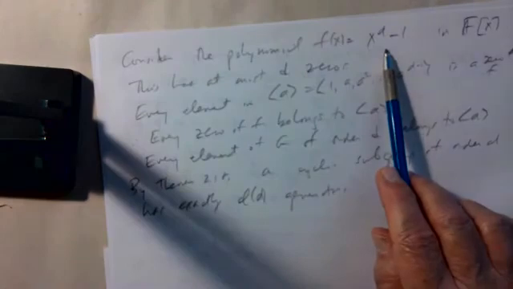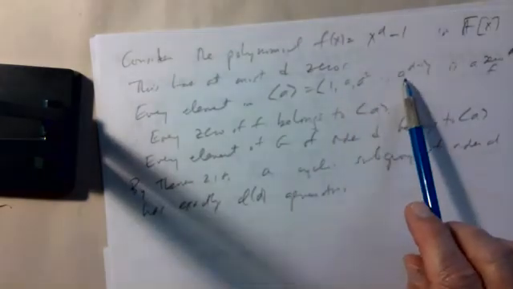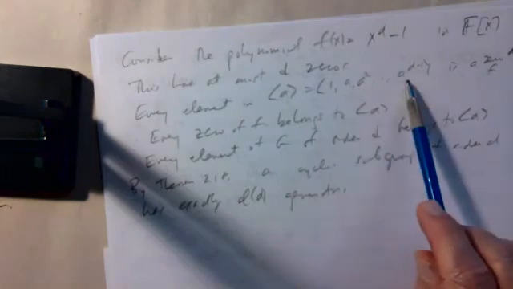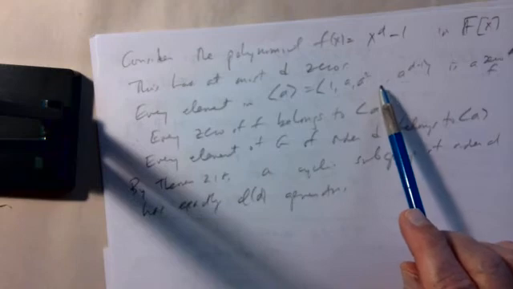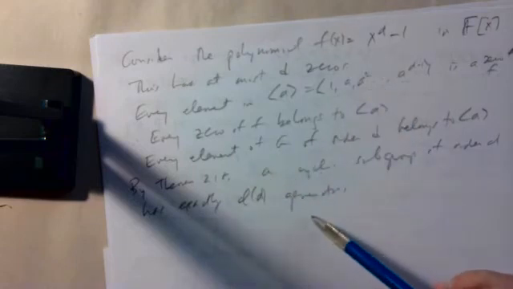Every element in this cyclic subgroup is a 0 of this polynomial. So every 0 is in this subgroup. So every element in the group of order D is in this subgroup. But an element of the subgroup of order D is a generator of the subgroup. So there are exactly phi of D generators.